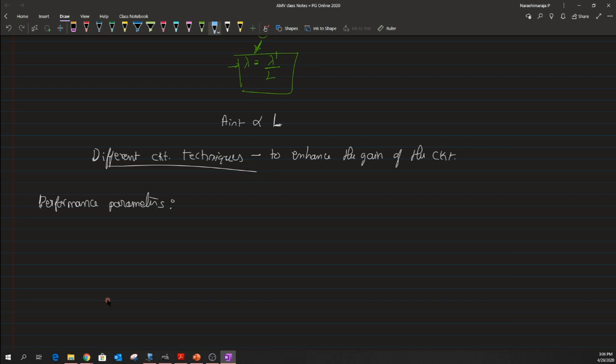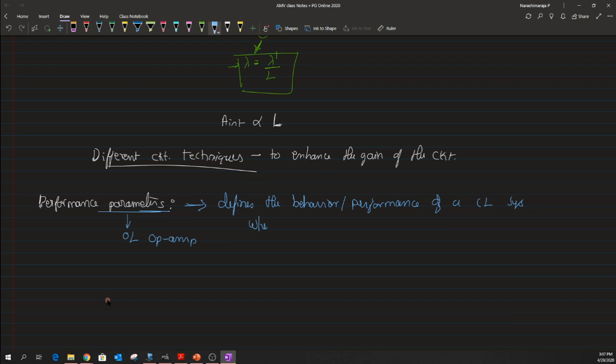The parameters we are talking about as performance parameters are the parameters that belong to the open loop op amp circuit, but in turn these parameters define the behavior or the performance of a closed loop system when these op amps are used in it.